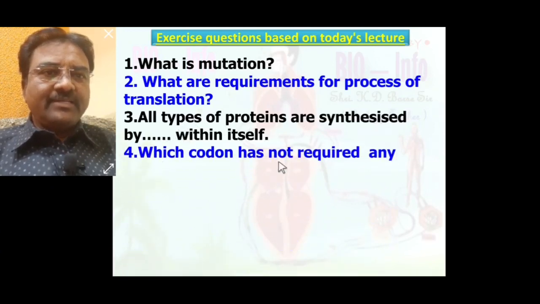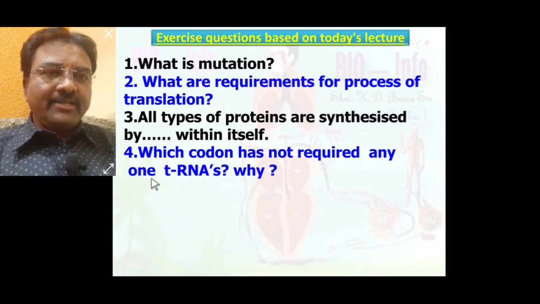Which codon does not require any tRNA, and why? The stop codon, or termination codon, does not require any tRNA because it does not specify any amino acid.